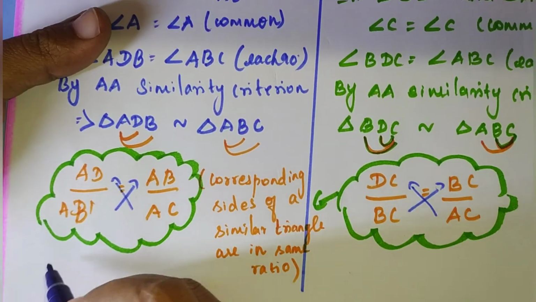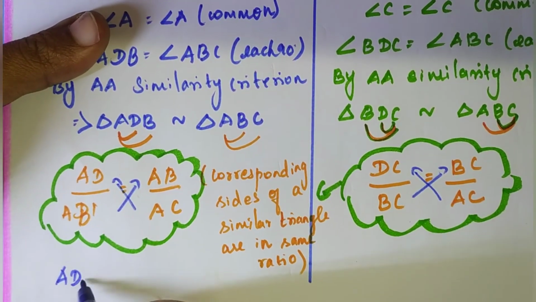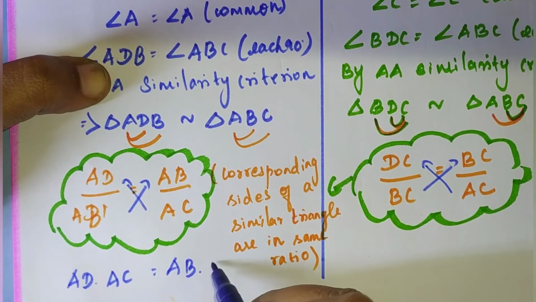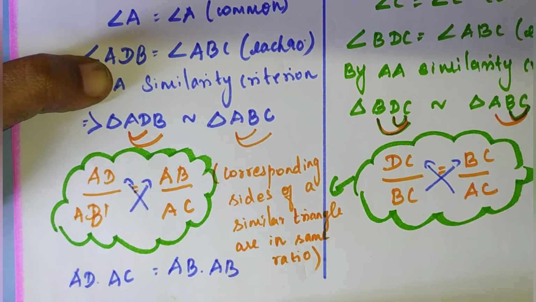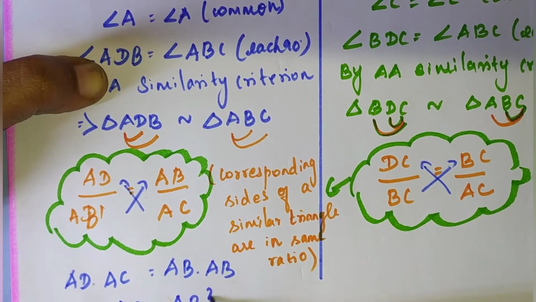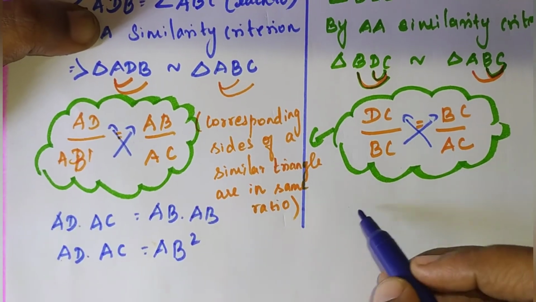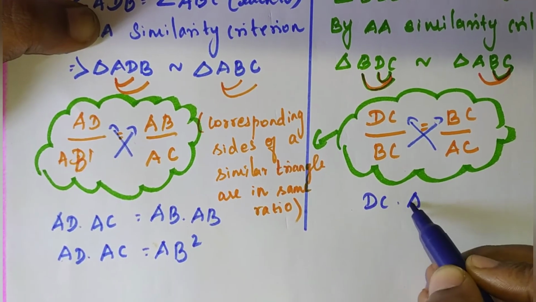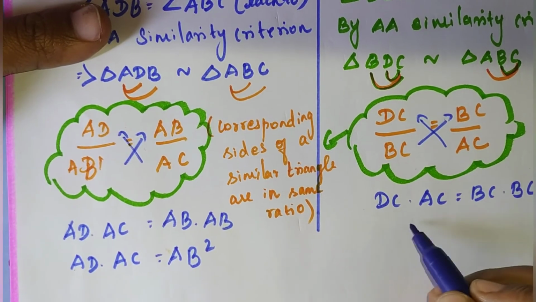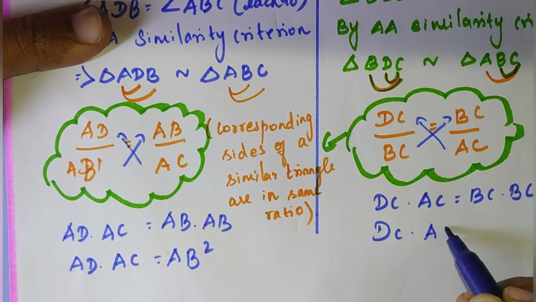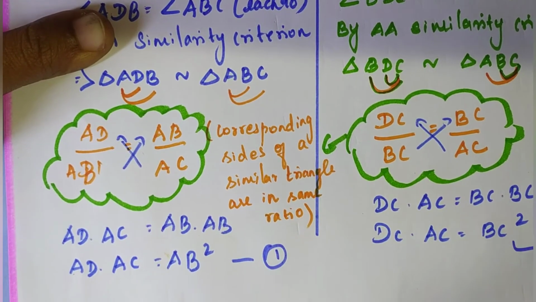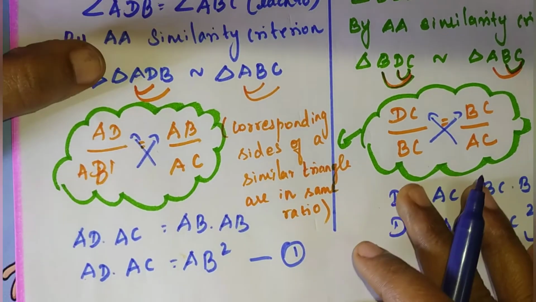AD into AC is equal to AB into AB, so AD into AC is equal to AB square. Clear? Next, DC into AC is equal to BC into BC, so DC into AC is equal to BC square. Mark this as equation 1 and this as equation 2.